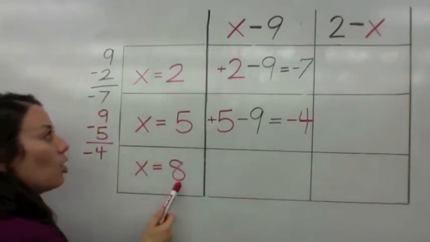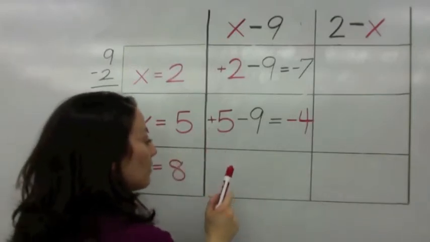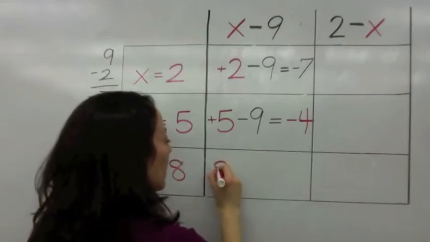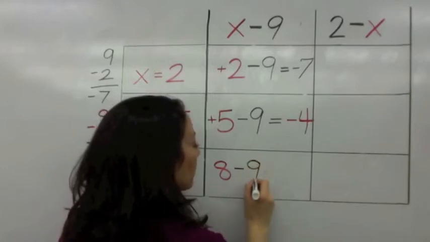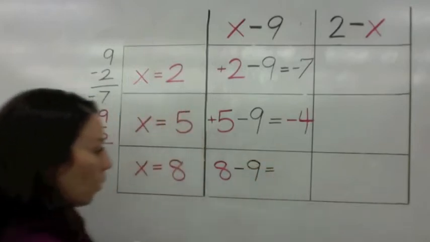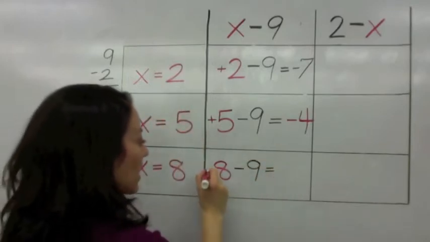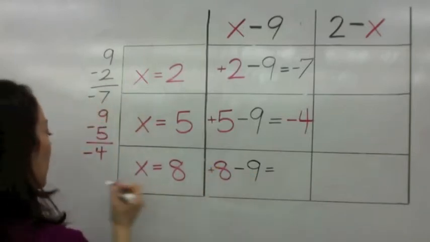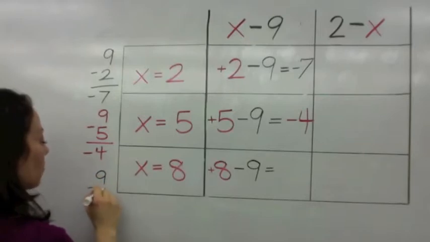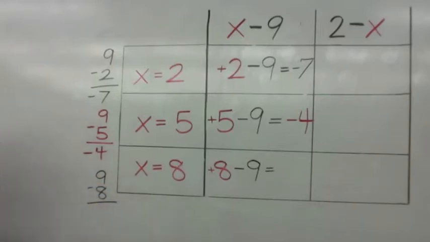Last, we're going to put 8 in the place of x. So what is 8 take away 9? Well, this is a positive 8 and a negative 9. They are different signs, so you subtract. This is 9 take away 8, and the answer is going to be 1, right?